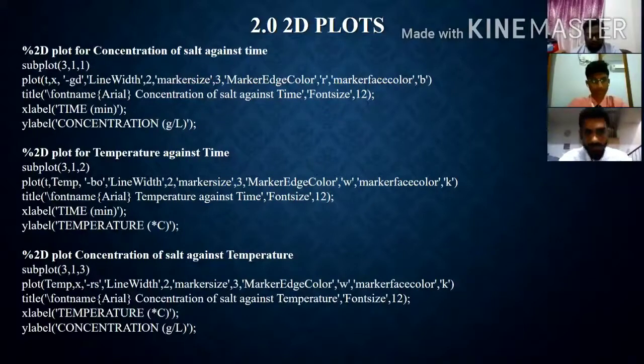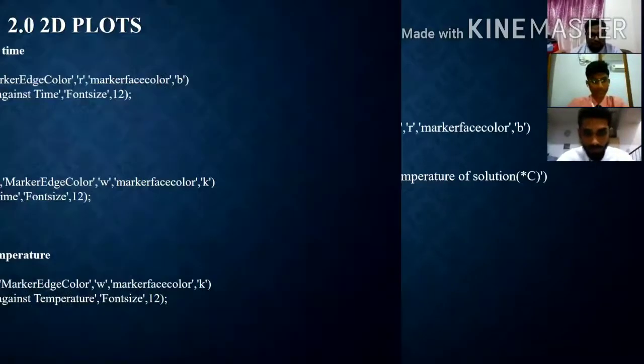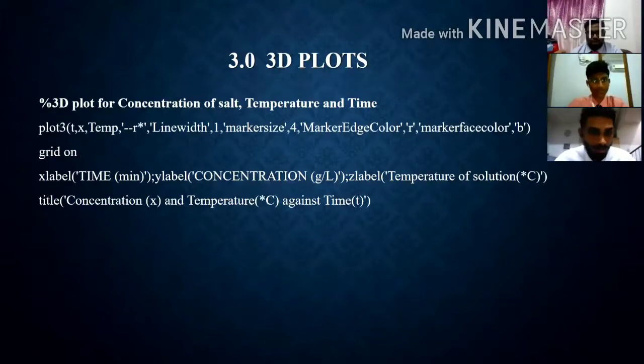So the second is about the 3D plotting. We use the script file also for the 3D plot, which means for the concentration of salt, temperature, and time. So this method looks like plot3 in brackets using t, x, and temperature temp.